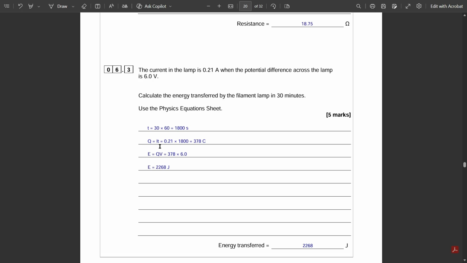Then we use the formula Q equals IT, which is the current times the time in seconds, and we get a charge flow of 378 coulombs. And then we simply use the E equals QV formula, getting the energy being 2,268 joules after we plug in the calculated charge flow and the voltage.